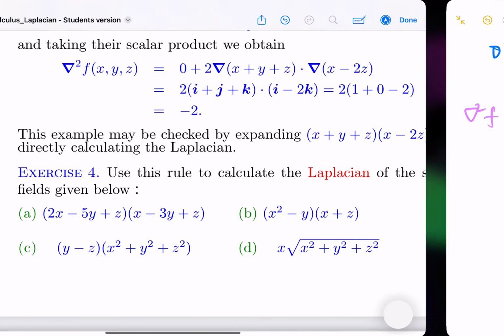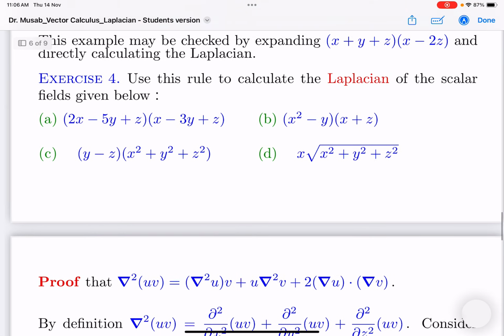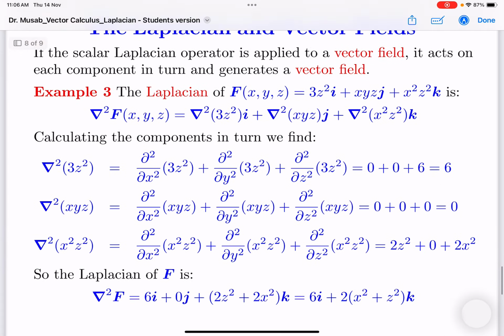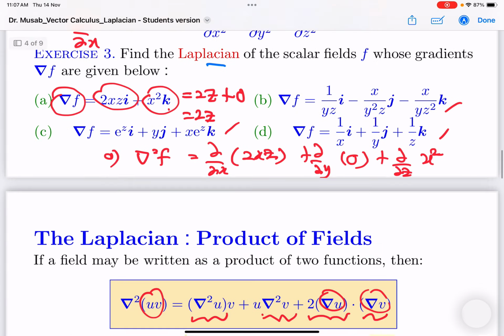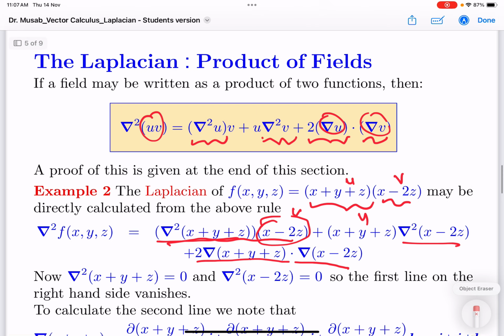Okay, that is one of our examples. For the last part, the proof of the last part is a scalar Laplacian operator applied to a vector field. So just now was the Laplacian of the product of the field.